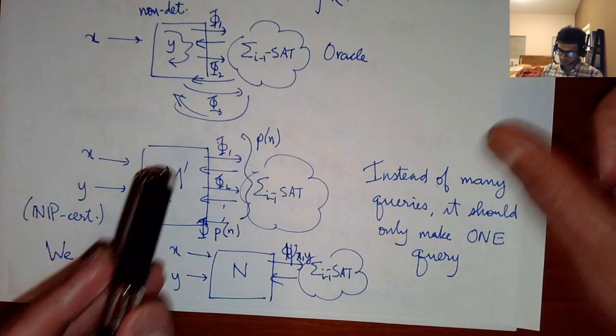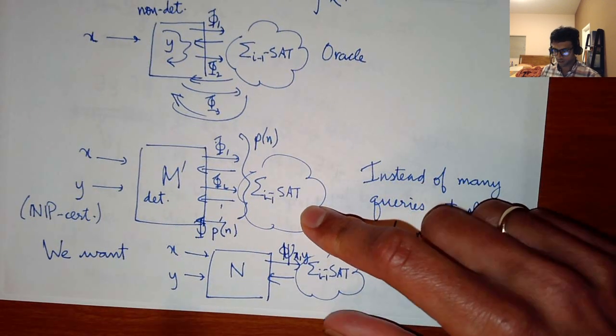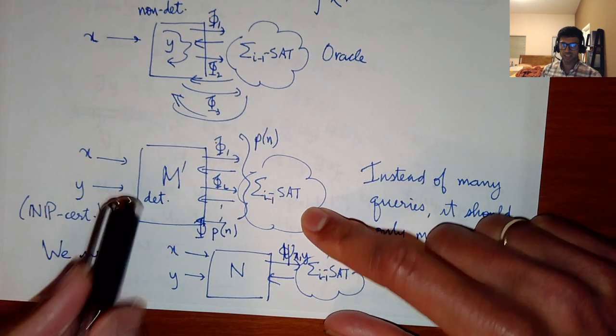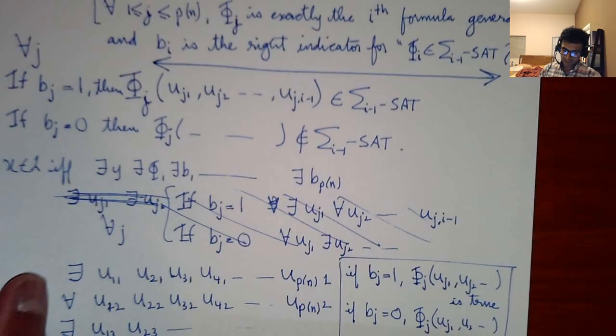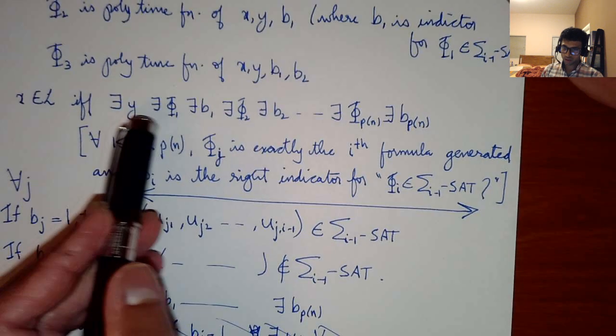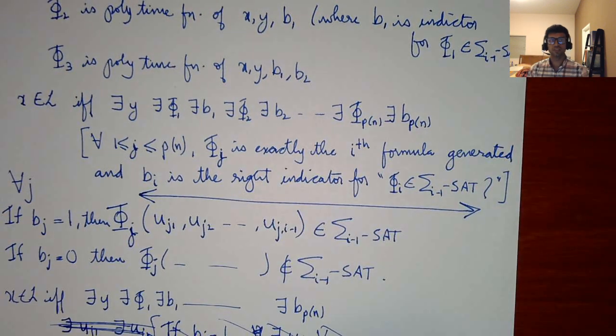The main idea is there are all these queries being made to a sigma I minus 1 sat oracle. The NP machine can actually non-deterministically guess the queries and the answers. So it non-deterministically guesses all the queries and the answers up front, and then just goes and verifies whether all of these guesses are correct.